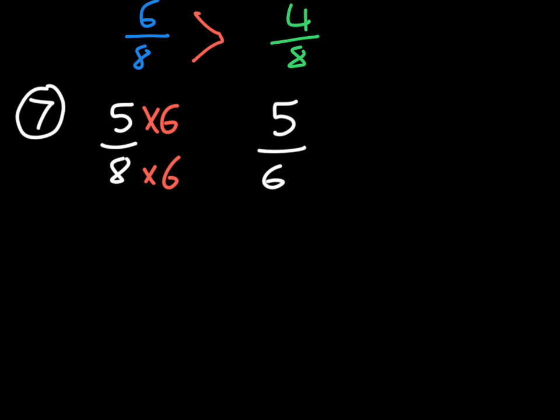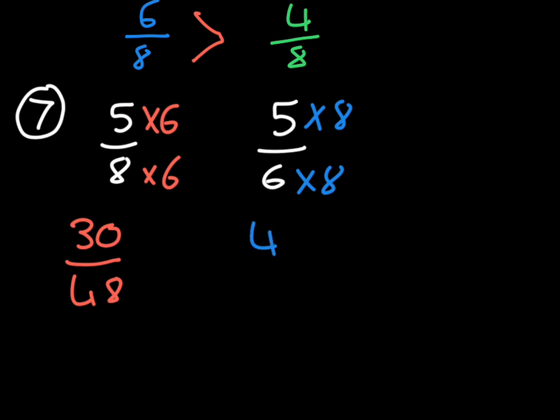Next, we're going to multiply this fraction by the other denominator. So 5 times 8 and 6 times 8. This then gives us 30 over 48, because 6 times 8 is 48, and 5 times 8 is 40, and 6 times 8 is 48.